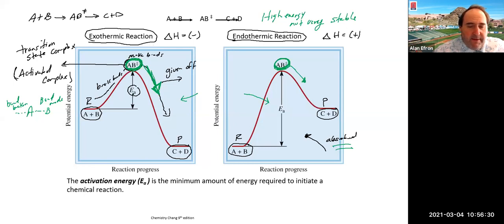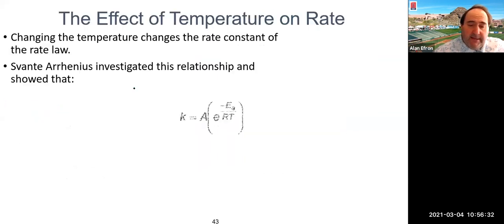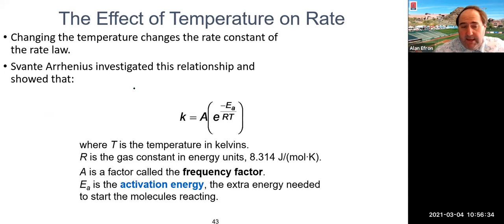Okay. So let's talk a little bit more about this temperature and rate relationship. When we change the temperature, it changes the rate of the rate law and how fast the reaction occurs, as we'll talk about. For the most part, if we increase the temperature, we usually will see an increase in the rate, and vice versa. If we decrease the temperature, the rate will usually drop in most reactions.